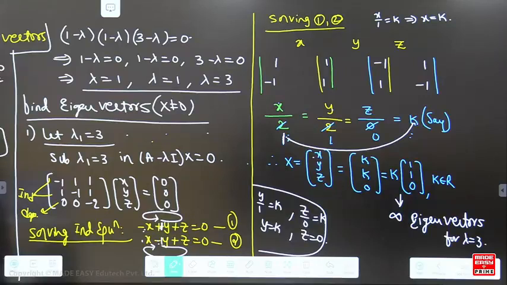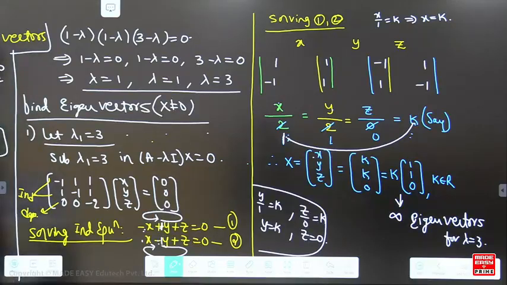I consider the third one as dependent, then I check the first 2 equations. In the first 2 equations, I have seen that there is linear independency. So I made the third one dependent, and I took the first 2 as independent.